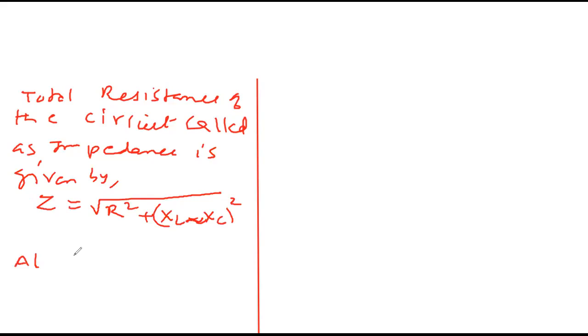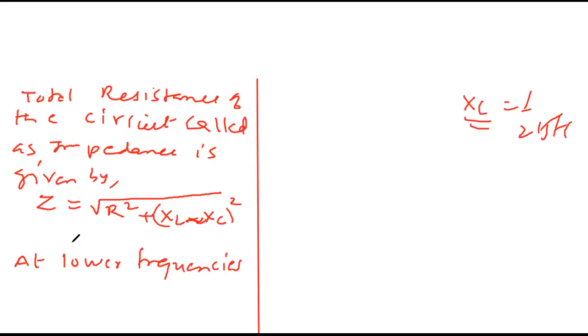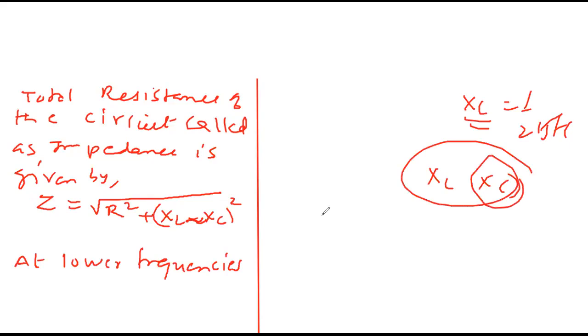At lower frequencies, when frequency is small, XC is 1 upon 2 pi FC, so XC will be large. So the difference of XL and XC will be such that XC is greater. Hence the circuit behaves as a capacitive circuit.